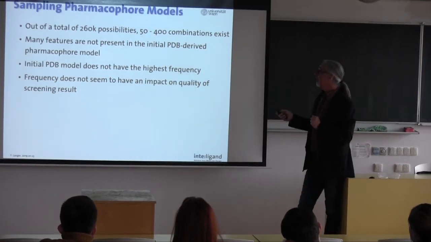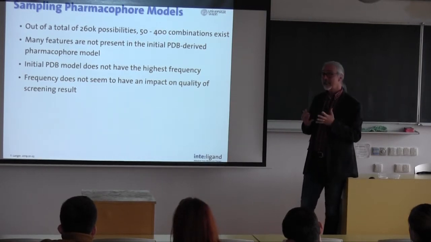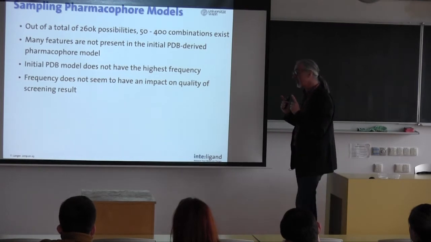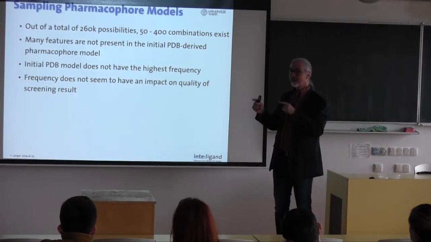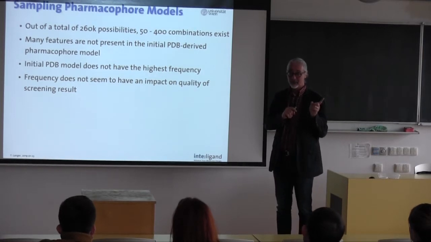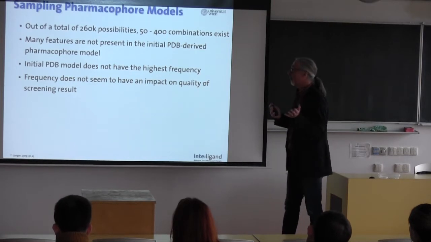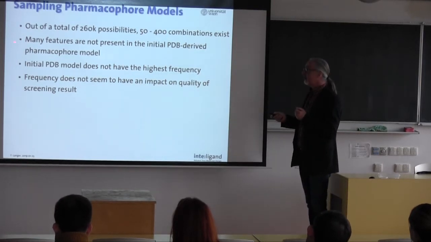But in reality, we only found 50 to 400 combinations really existing, depending on the target. So already this gives us some information that some combinations of features will not exist. So therefore, we should not have these combinations in molecules that we want to synthesize, because they make no sense, right? What we also learned is that many features are not present in the initial PDB-derived pharmacophore model.